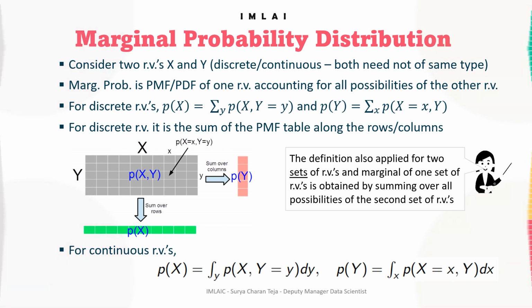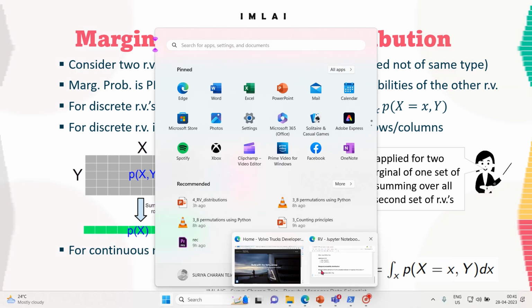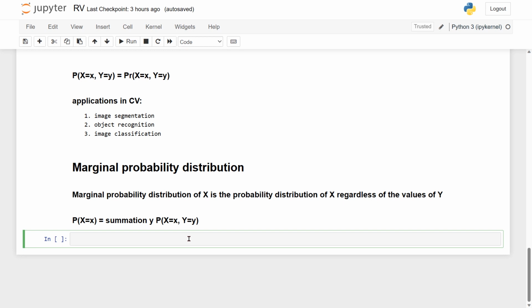Similarly, let's take an example from NLP, natural language processing. Let's take the joint probability first, so it will be much clearer, because these work hand in hand.